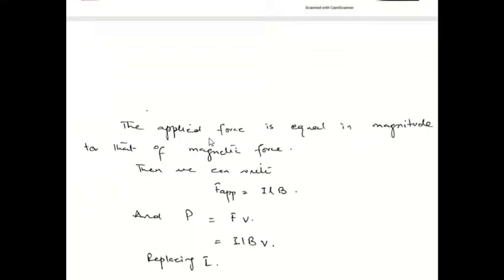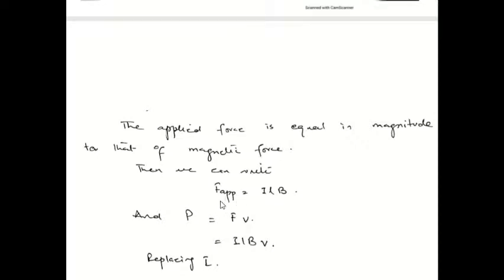Now we know from Newton's third law that every force has a pair, and that pair acts in the opposite direction. So if the magnetic force is acting from right to left, then there was an applied force acting from left to right and moving the conductor in the right direction.